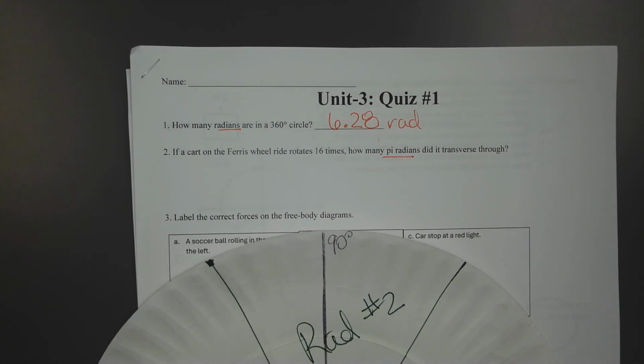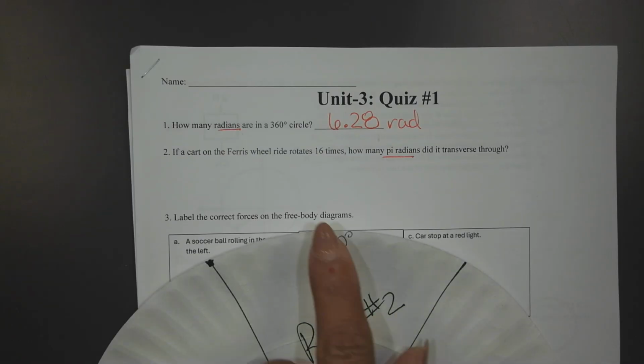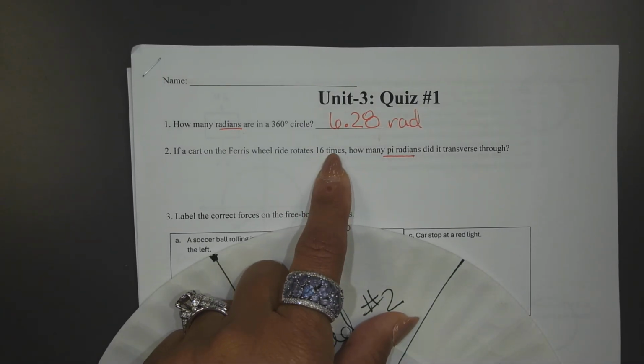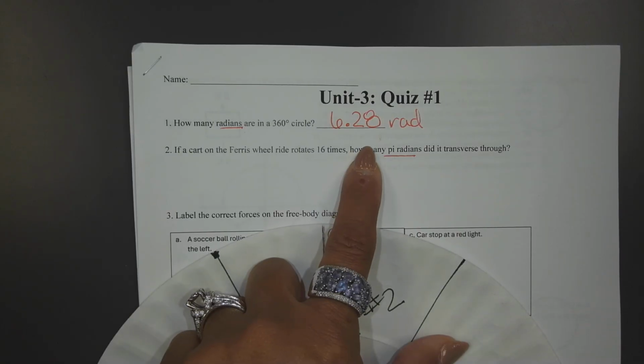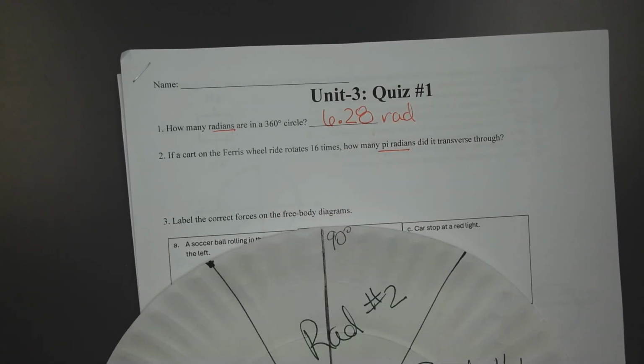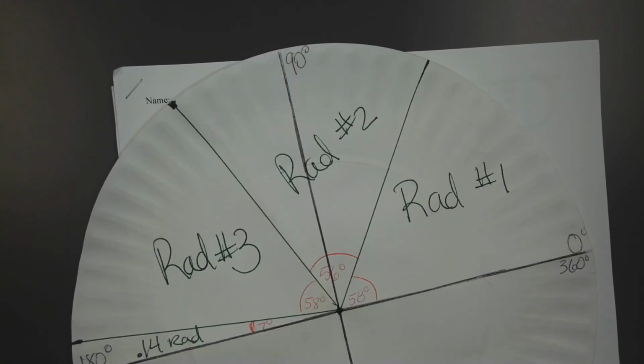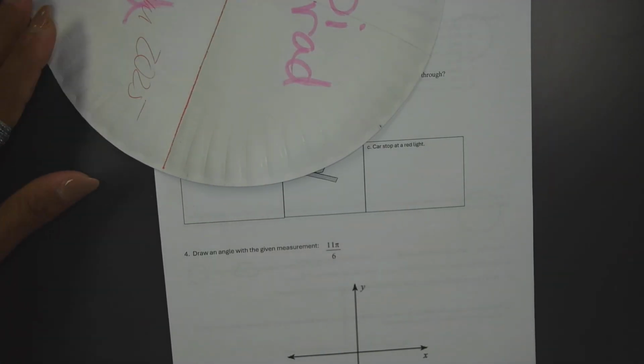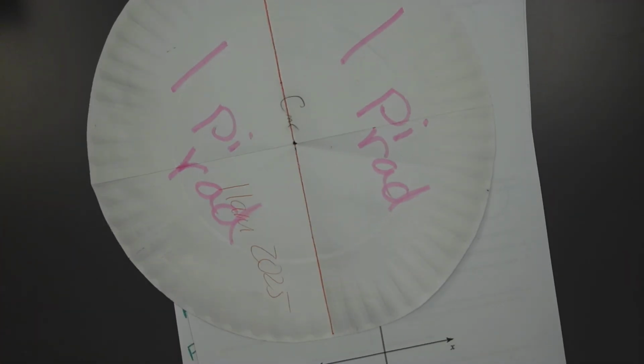But question number 2 says that this object rotated 16 times. And out of the 16 rotations, how many pi rads? Look at the same paper plate I've been using this whole 2 weeks or so. When I turn it over, this is what I wrote on this side. A half a circle is 1 pi rad.